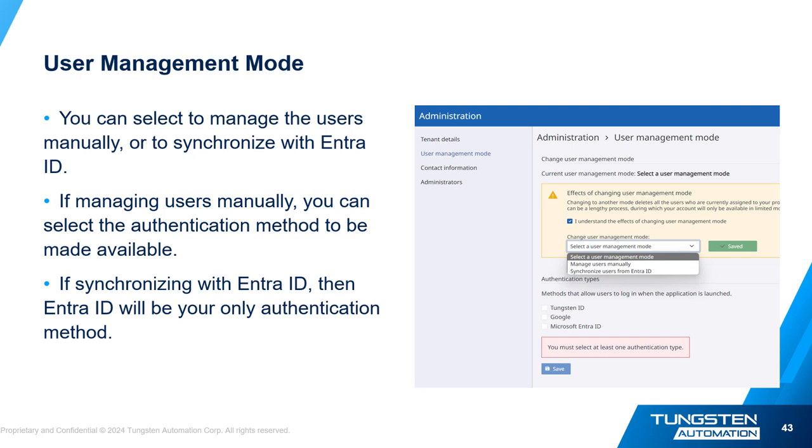When Entra ID is selected, then Entra ID is the only method for authentication, and the portal guides the setup of synchronization via a wizard. If manually managing the users, then authentication can either be via email password or Google or Microsoft accounts. Users can be easily added or imported into the system. Detailed guides and presentations are available for technical teams on setting up the cloud license server, especially the SSO and user synchronization bits.